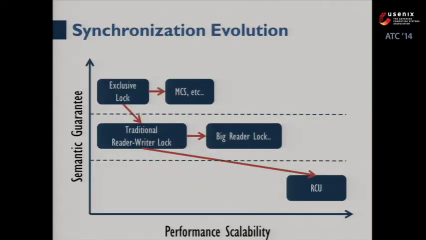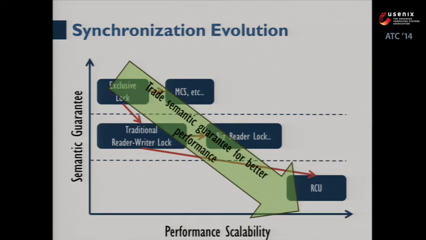First, let's take a look at this big picture, which shows how synchronization primitives evolve from exclusive locks to read-write locks, and from read-write locks to RCU. We can trade semantic guarantees for better performance.